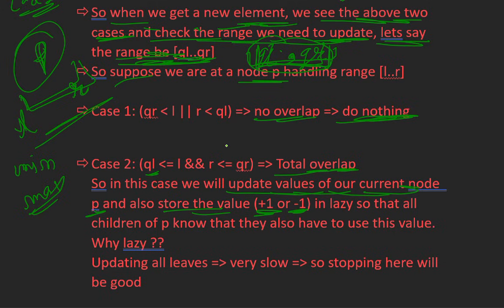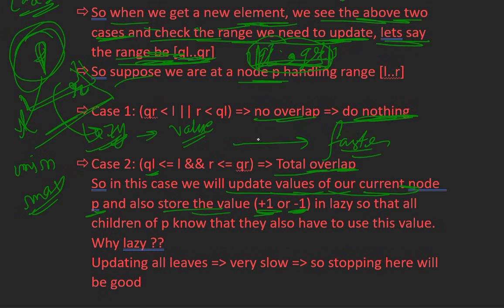And one more thing that we have optimized here is we have another variable, that is lazy. So we'll be storing the value in this lazy also. At this point, instead of updating its children, we store that value in the lazy, so that we'll be updating them later. That also makes our solution faster. I'll repeat it once again.